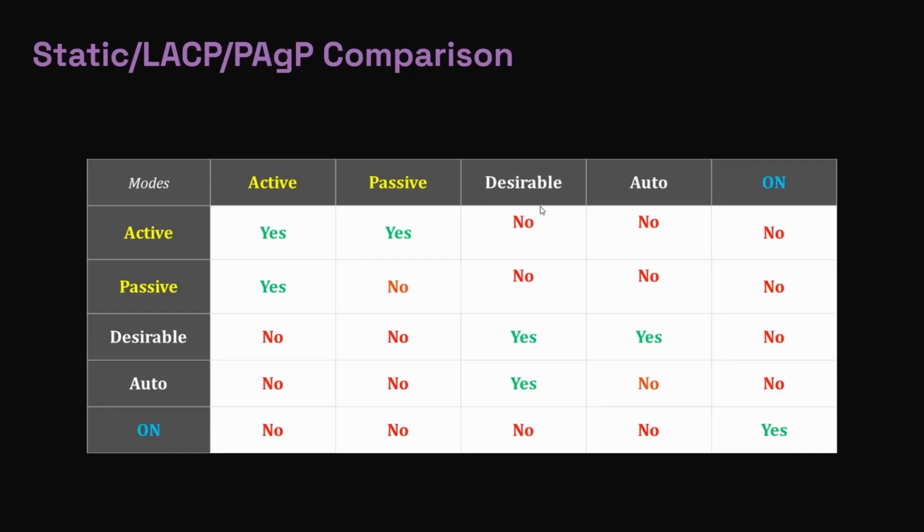Same thing with desirable and auto, because you are getting that TX and RX. Auto and desirable will. Auto and auto will not, because you're not getting any PAgP PDUs. Again, with static, it's just on. There's no other mode you can enable. But that pretty much is the conclusion of our slides.